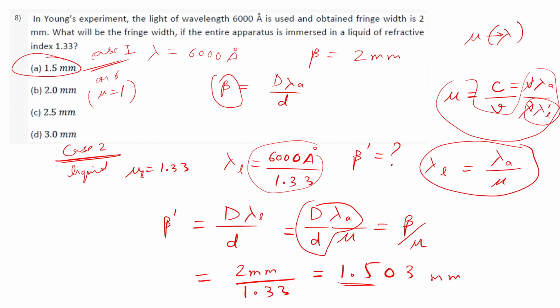When this whole apparatus is inserted in the liquid of refractive index 1.33, the fringe width changes from 2 mm to 1.5 mm, because the wavelength of light is different. Everything else is the same. So A is the correct answer.